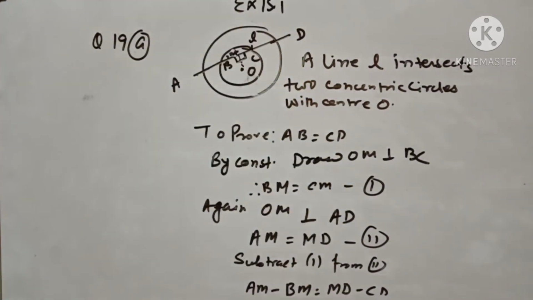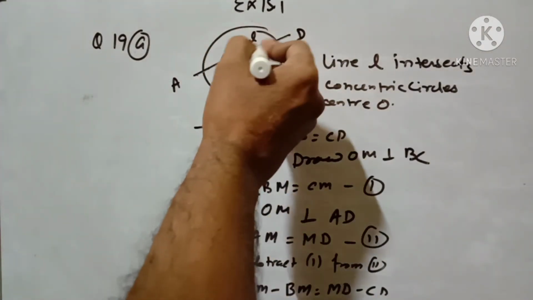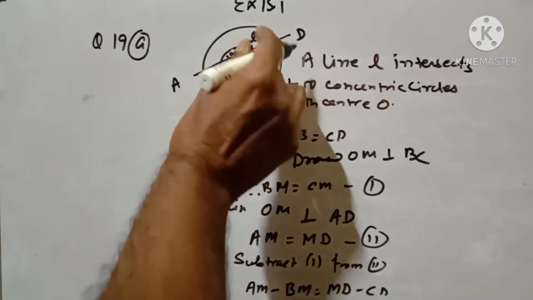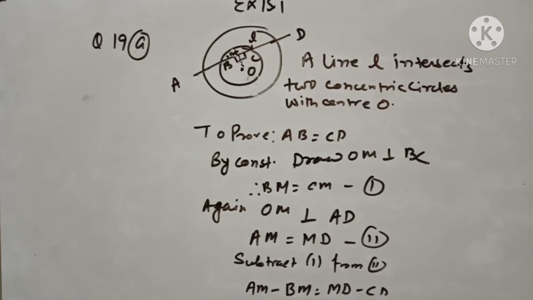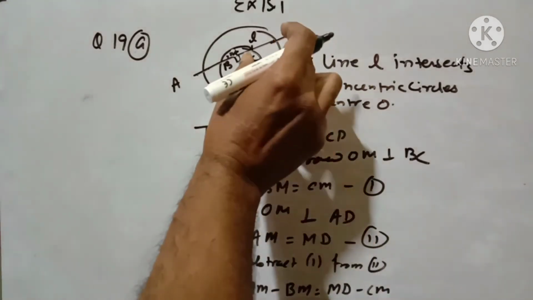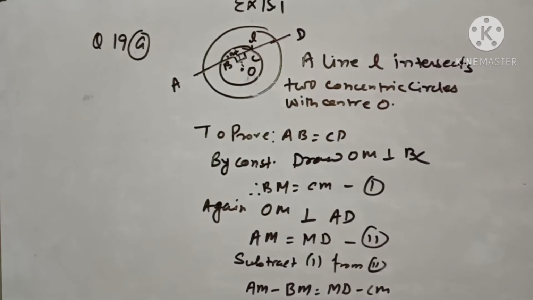Only AB. And MD minus CM, because CM is given, means CD. This is what I wanted to prove.